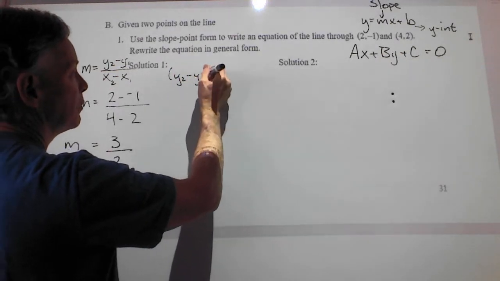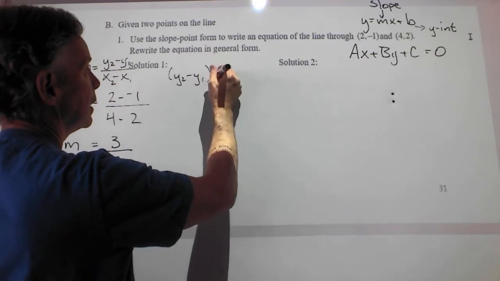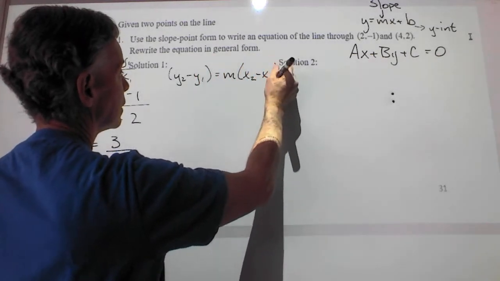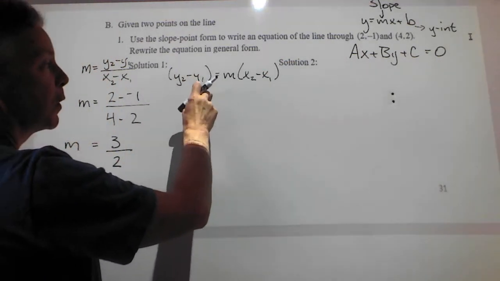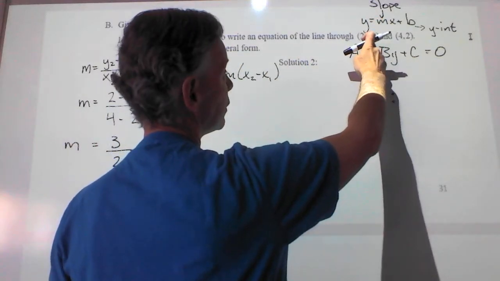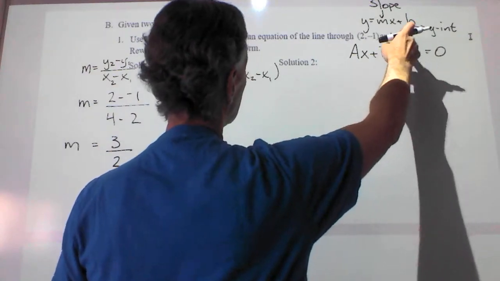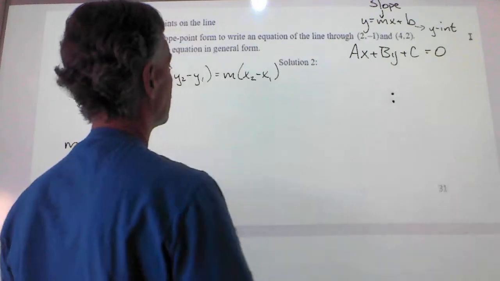Plug it into our slope-point form. Remember, that's y minus y1 equals slope times x minus x1. Remember we only use one point and the slope. So we can use either this point, 2, -1, and plug that in, or we can use this point, 4, 2, and plug that in. I'm going to pick 2, -1.